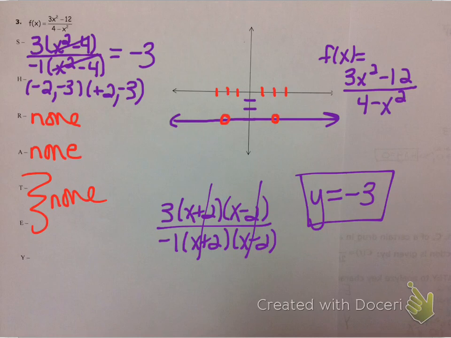Lines don't have tangent behavior and end behavior that we analyze. And the y-intercept is -3. That's it. That was the entire analysis. So simplifying can save you a ton of work if the equation does simplify, but you do have to remember that you need to locate holes.